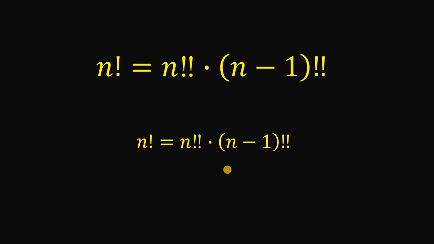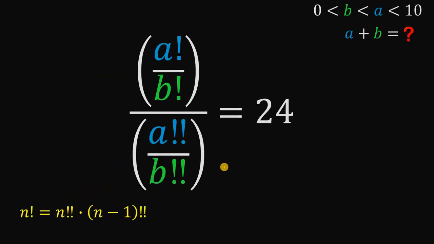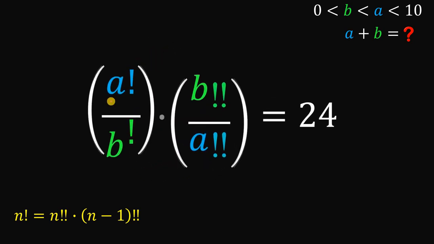Now, let's use this identity to answer this question. So we have a factorial over b factorial divided by a double factorial over b double factorial. Take note, the left-hand side of our equation can be written as the numerator multiplied by the reciprocal of the denominator. So it looks something like this.